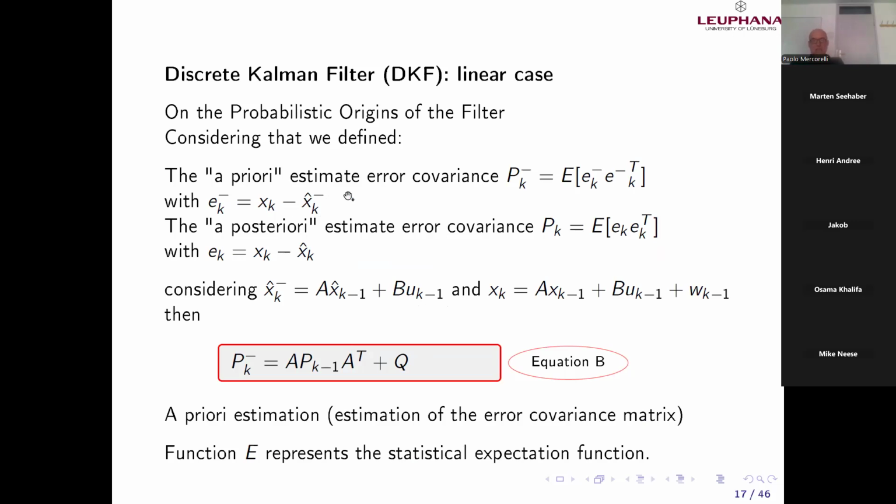because if you look here, we have the a priori error covariance, which is the expected value of this product between the a priori error as a vector, multiplied by the same a priori error transposed.